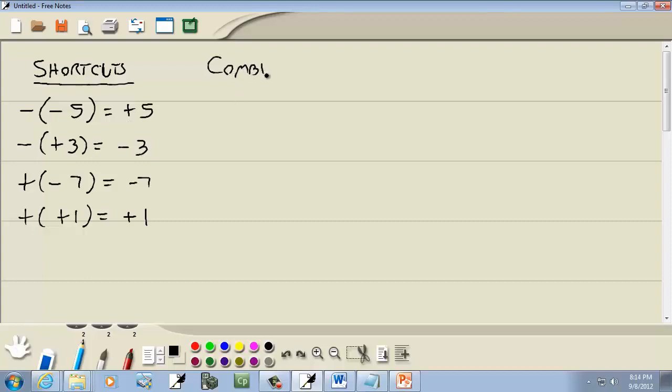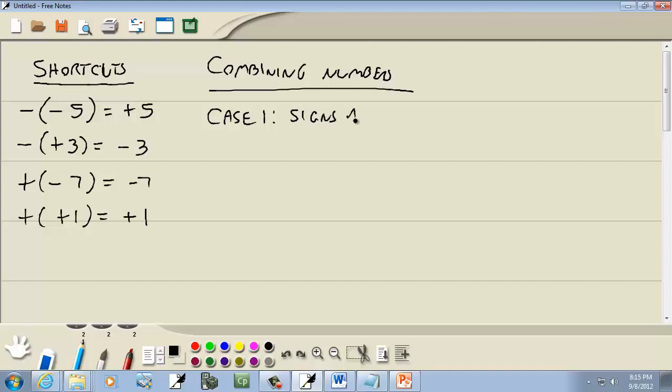Now let's talk about combining numbers. I don't like to think of it as adding or subtracting. I like to think of it as just combining numbers. You got positive numbers, you got negative numbers. We got case 1. Signs are the same. They're both positive or both negative.